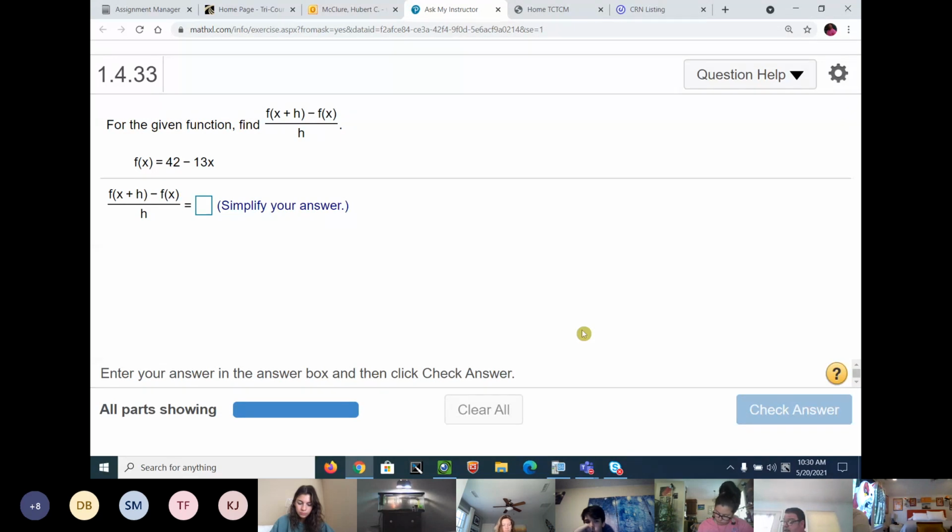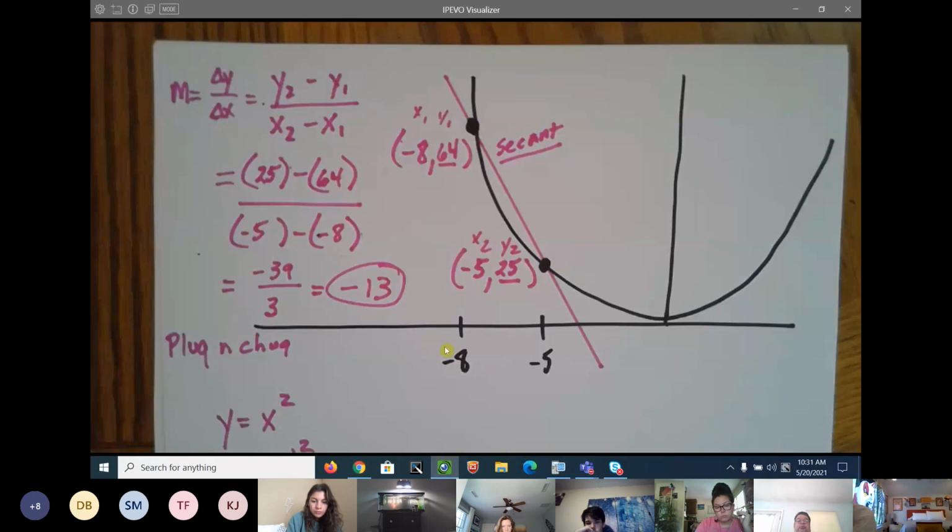And they give us, in black, f of x is equal to negative 13x plus 42. And there is our problem.